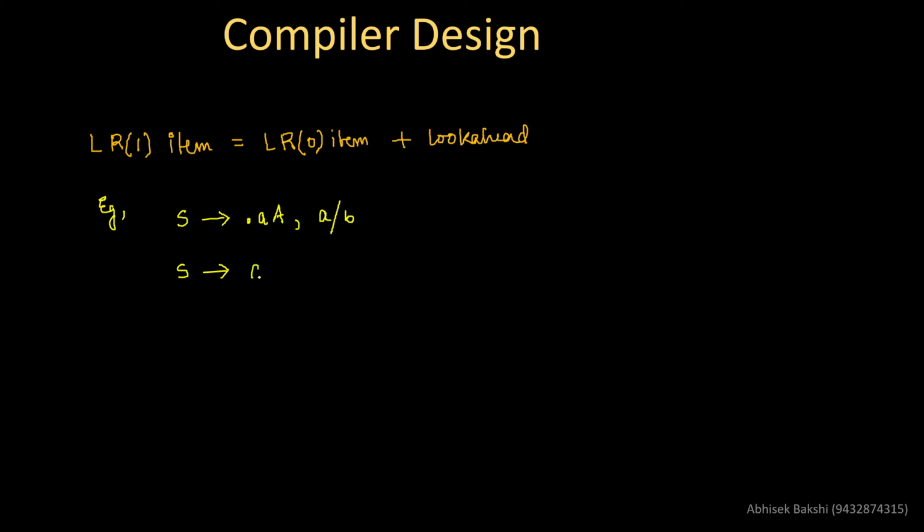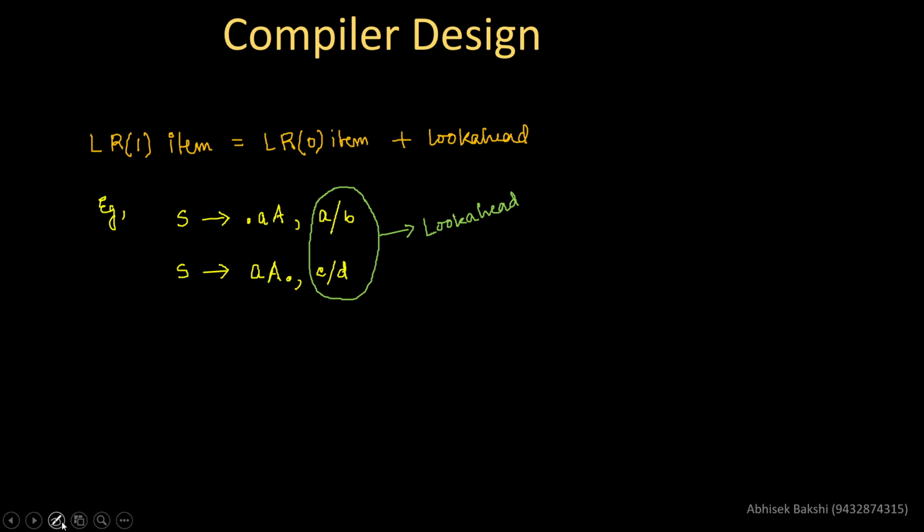Suppose that this is a final item, A dot, and in that case after the comma I have c or d. So all of these things, in both cases, are called lookahead. Now what does it mean?